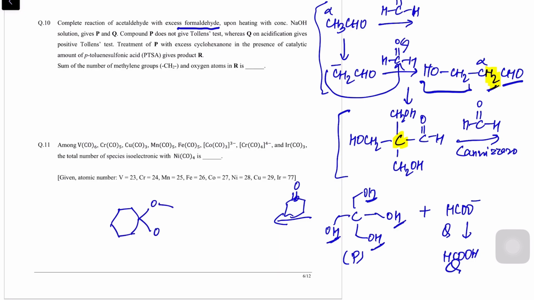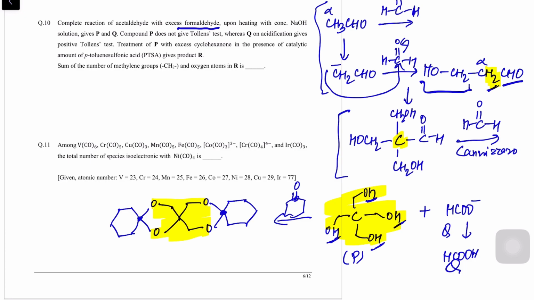So the compound formed here would be this, and the other two oxygen atoms will react with the second equivalent of cyclohexanone. For your clarity, I'll highlight this. This much is this molecule. All right. Okay, so this is one ketal linkage and this is another ketal linkage. Now the question is the sum of the number of methylene groups and oxygen atoms.